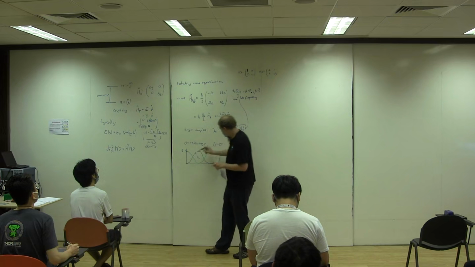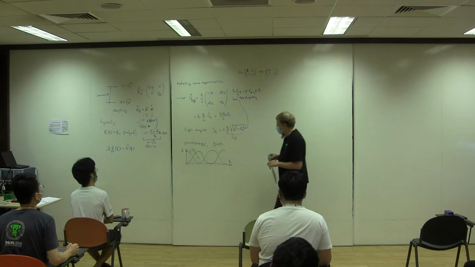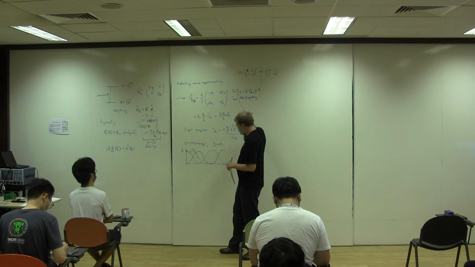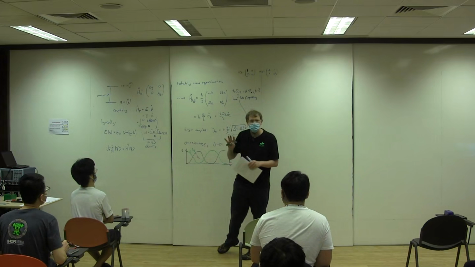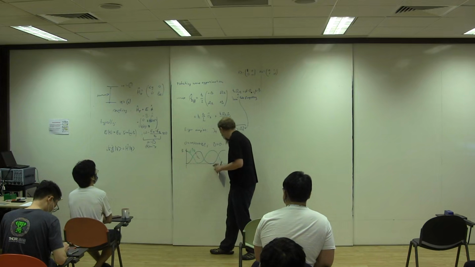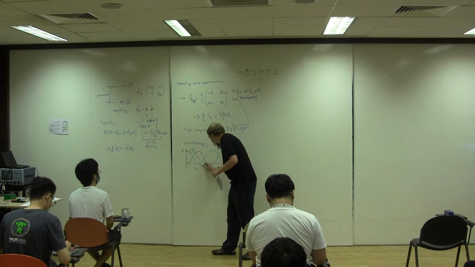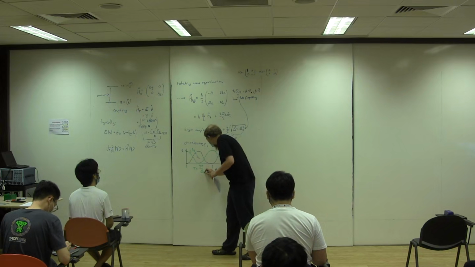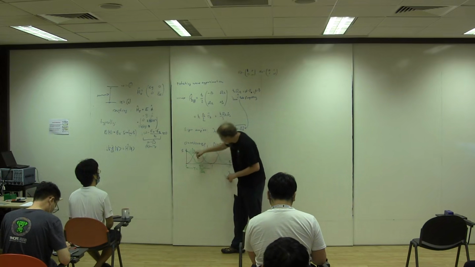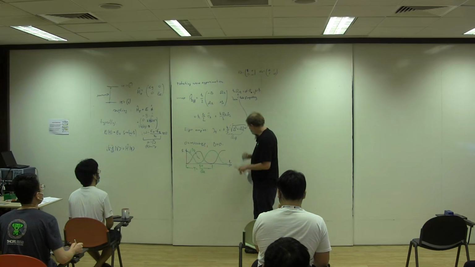The overall population adds up to 1, and this is the basic behavior of such a system. If you start in the ground state, it just oscillates. The period here, from here to here, is 2 pi over this Rabi frequency, omega 0. This effect, where you oscillate between ground and excited state, is called a Rabi oscillation.